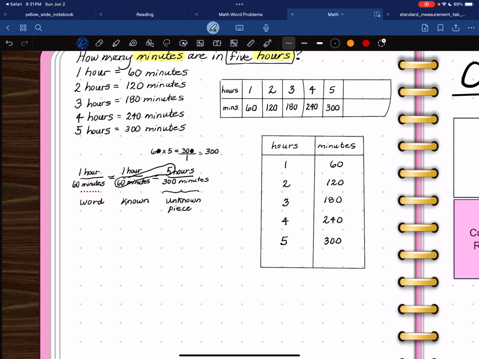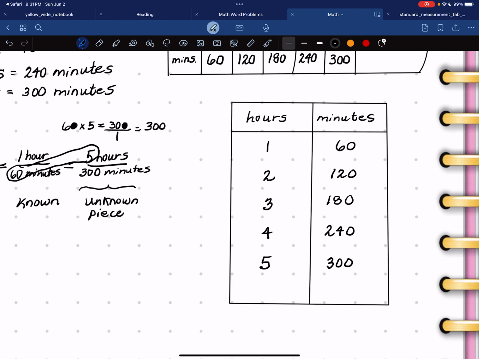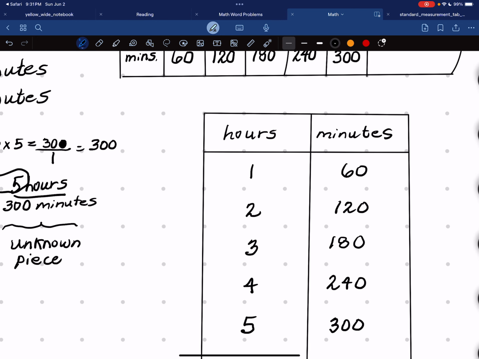So help students make this connection, and then you can start adding in those function words like input, output, domain, and range.